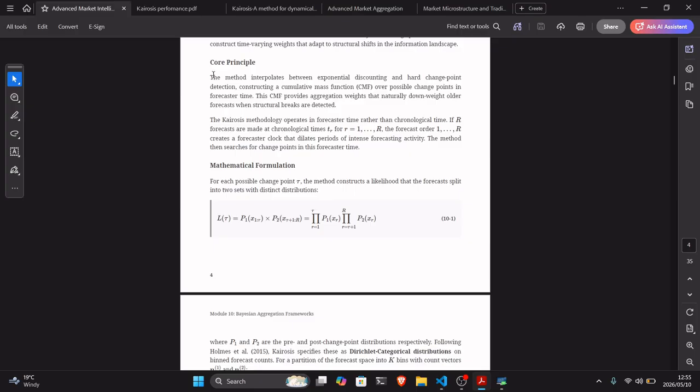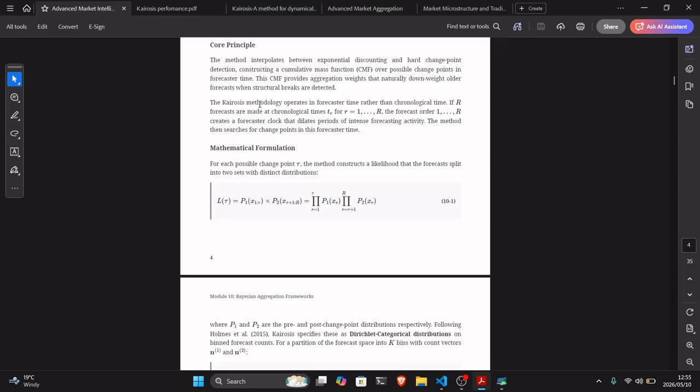Core principle. The method interpolates between exponential discounting and hard change point detection, constructing a cumulative mass function over possible change points in forecaster time. This CMF provides aggregation weights that naturally downweight older forecasts when structural breaks are detected.